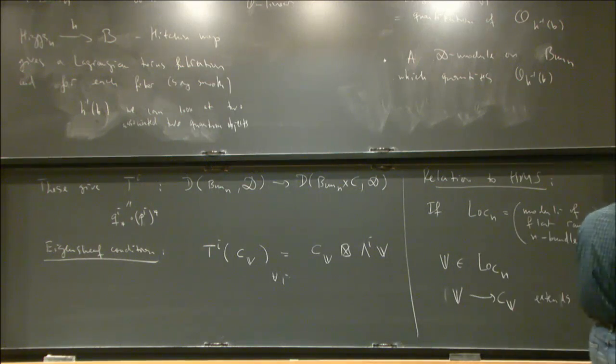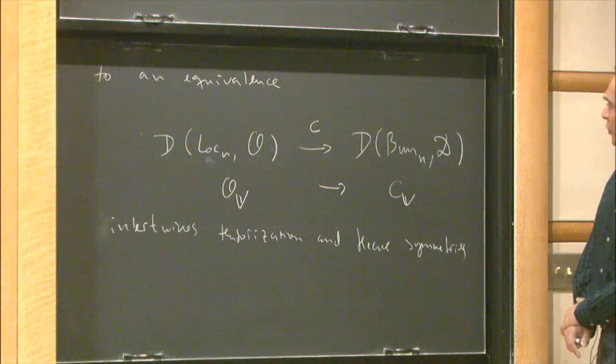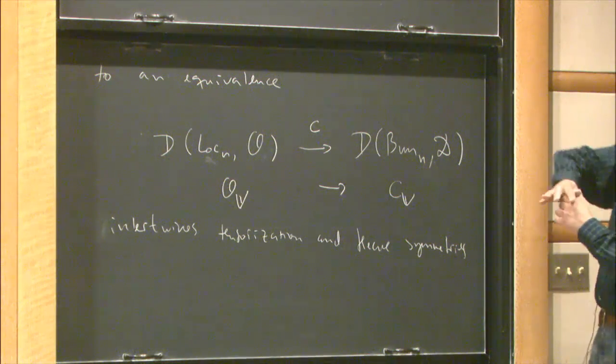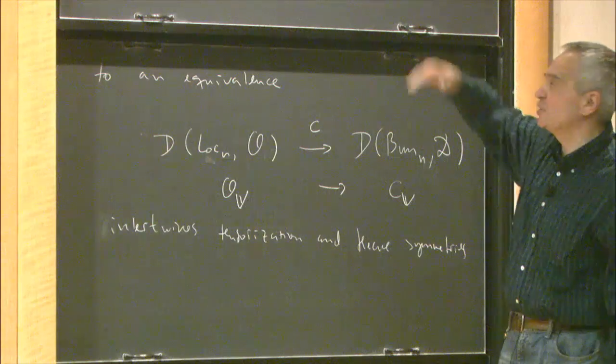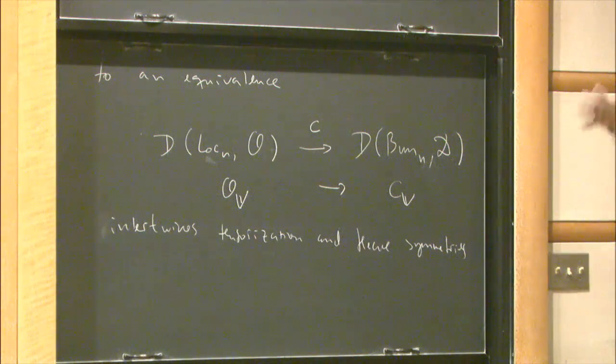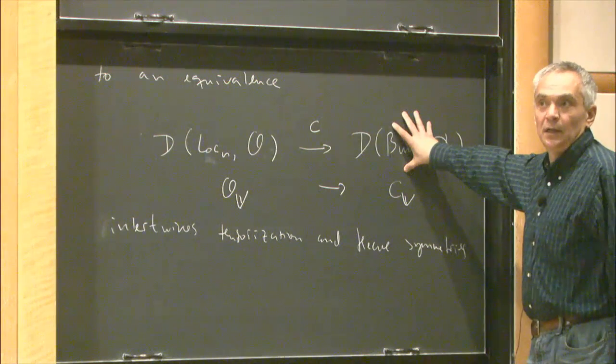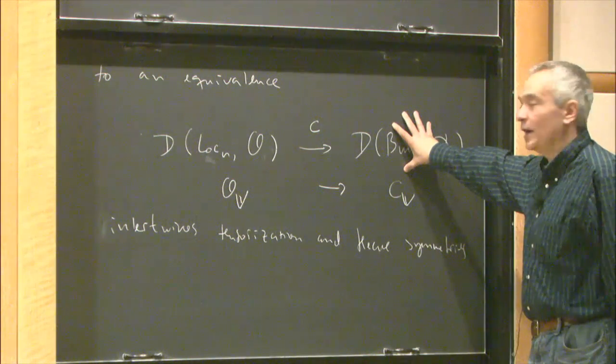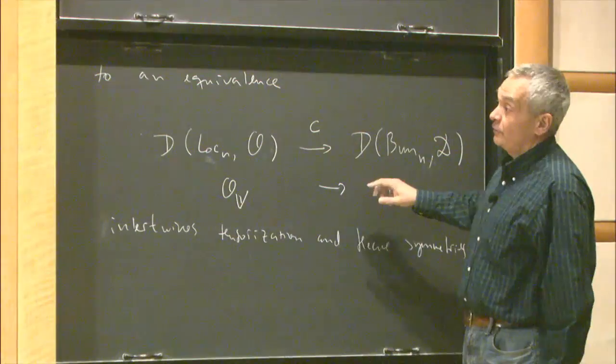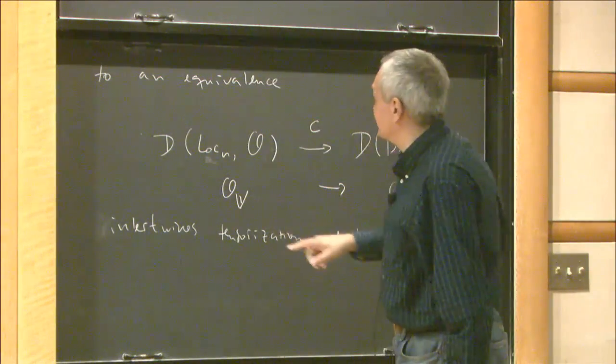And this equivalence, now you can, from this point of view, if you believe that these two quantization procedures are somehow related to each other, that they're the same, then you can think about this as some incarnation of the Fukaya category of the cotangent of the moduli of Higgs bundles.